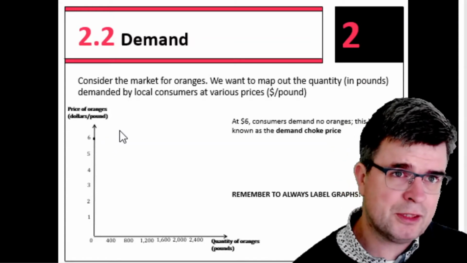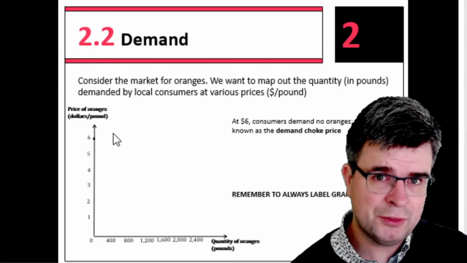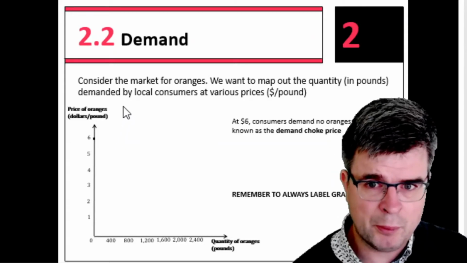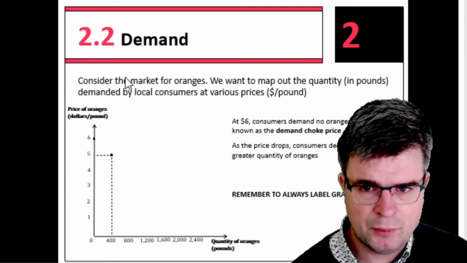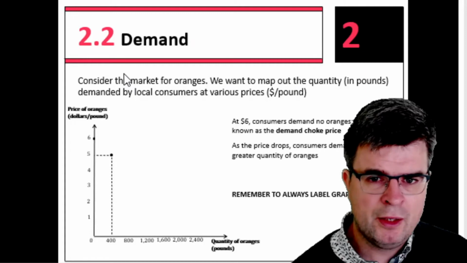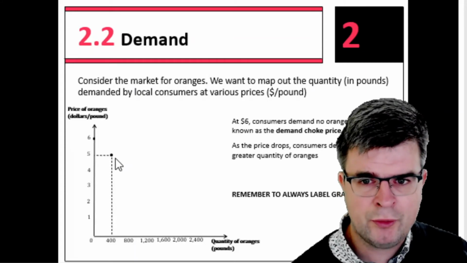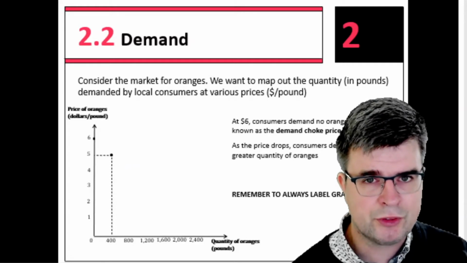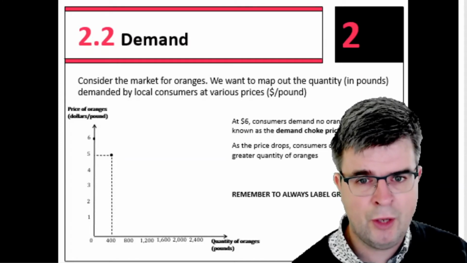Now what happens if we decrease the price of oranges? Rationally, we expect that if the price is lower, if anything, more people will demand oranges. And in our example, of course, this holds true. So as the price drops to $5, then 400 consumers will like to buy oranges at this lower price. So the total quantity demanded at this lower price of 5 is 400.